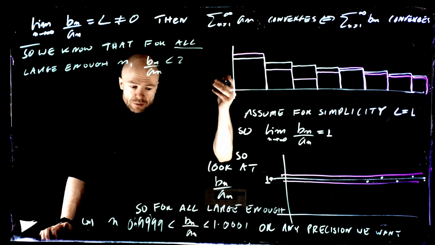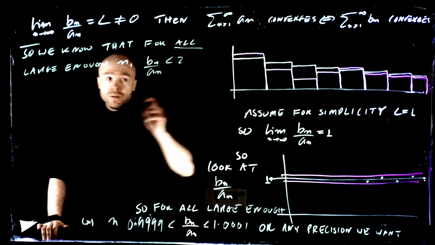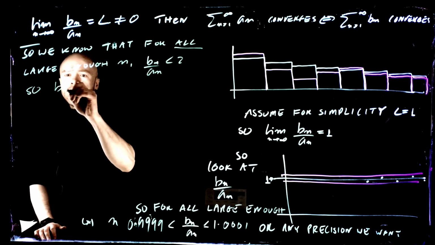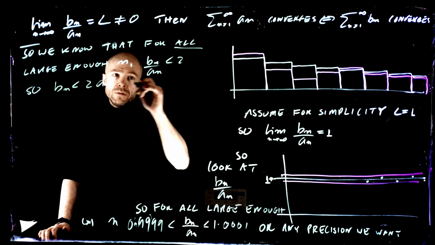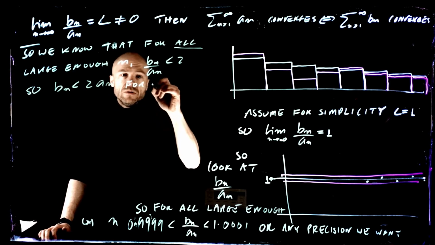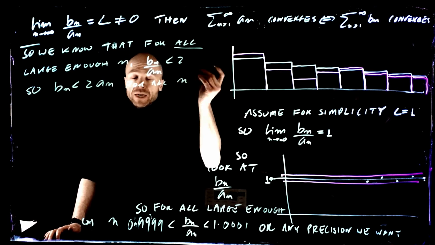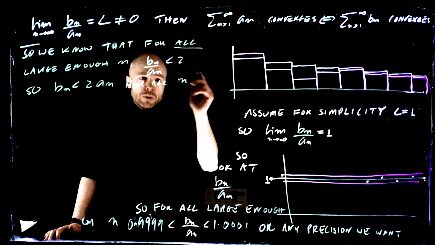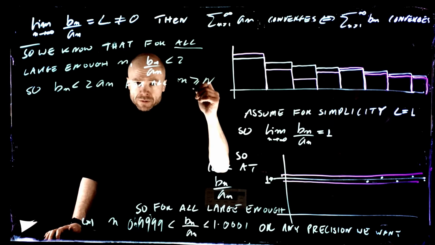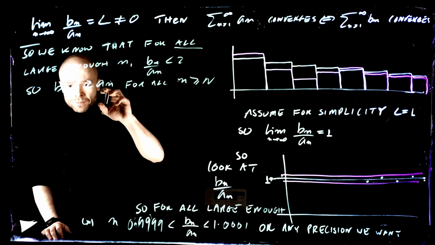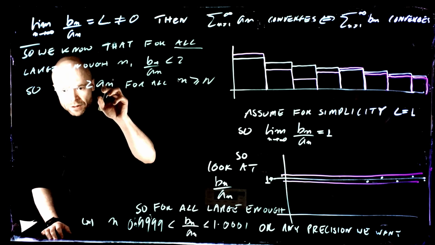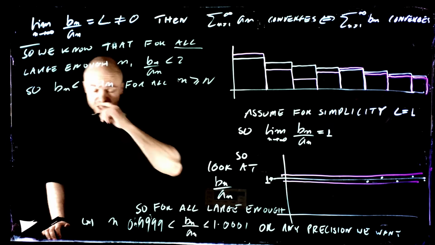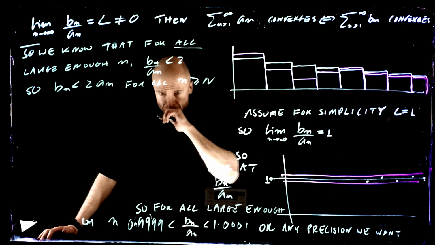For sure that's true. So bn is less than 2 times an for all n bigger than some particular number, let's call it capital N. Therefore, if an converges, then 2 times an converges, and therefore bn has to converge just by the ordinary comparison test.